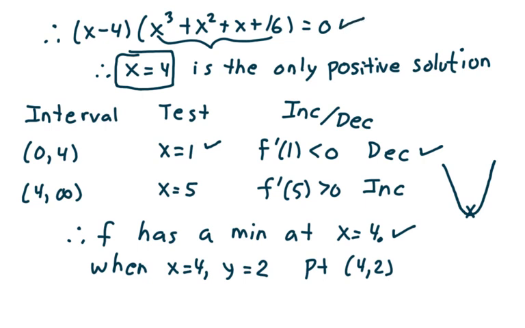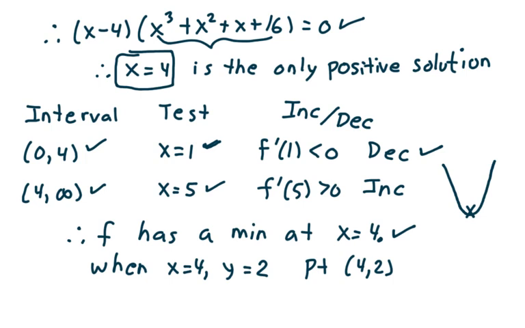And so I apply the first derivative test down below, and I have my interval from 0 to 4 and my interval from 4 to infinity. I test x equal 1 and x equal 5, respectively, in each of the intervals.